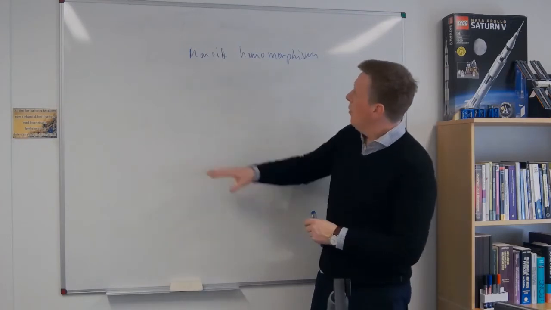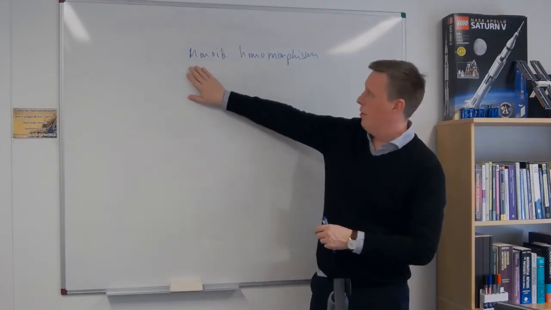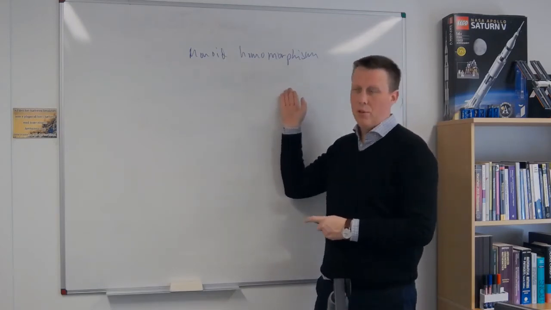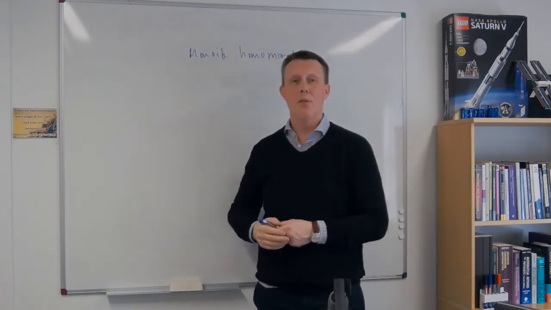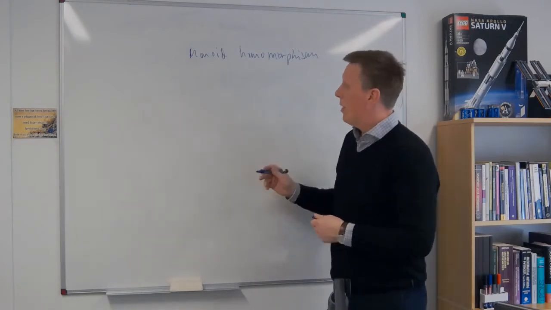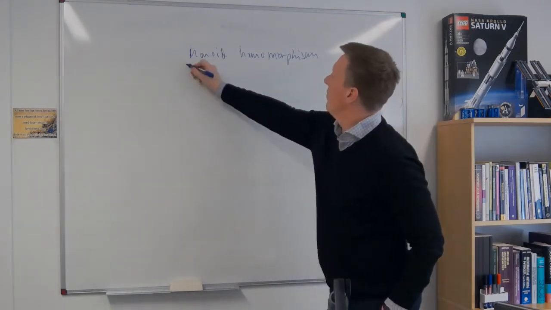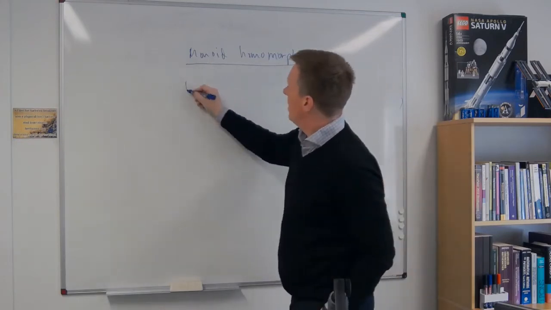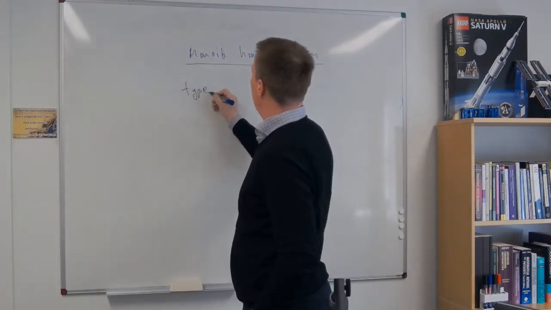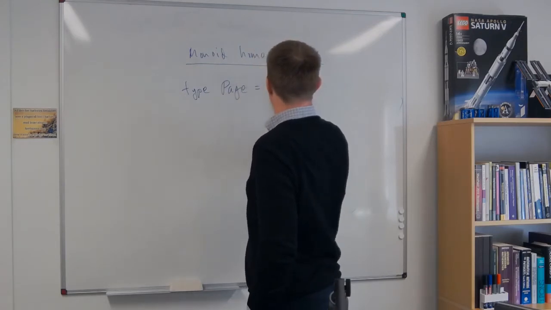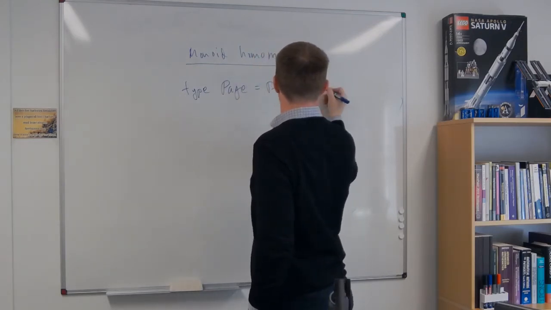So a monoid homomorphism takes one monoid and transforms it into another monoid, which is possibly quite different from the original. And we're going to have a quick look at an example to make this clear, because this is actually not very difficult. So let's start by defining a type Page to be a Page of String.